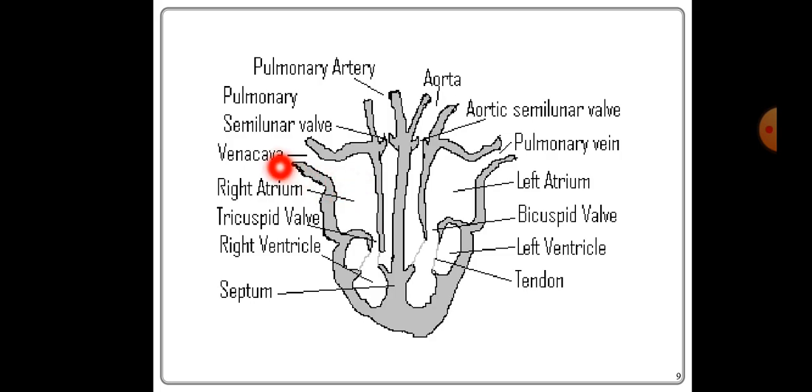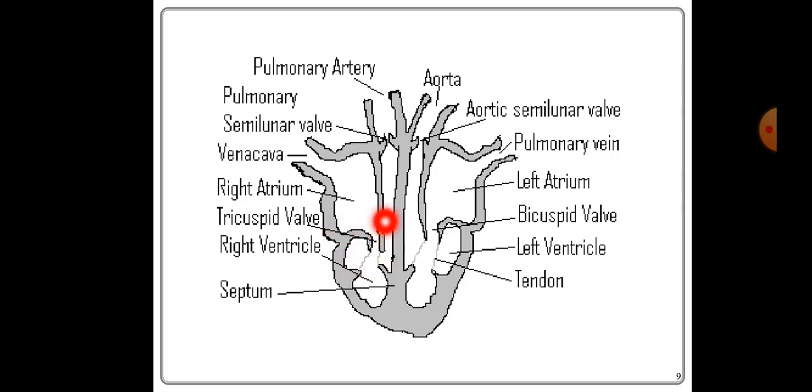Then this side we have the vena cava. The blood goes into the right atrium, passes through the tricuspid valve, which is here. Then it goes into the right ventricle. The right ventricle, as we can see, is less muscular because it pumps blood a shorter distance, so it doesn't really need a lot of pressure.